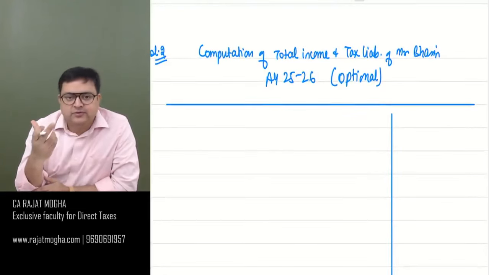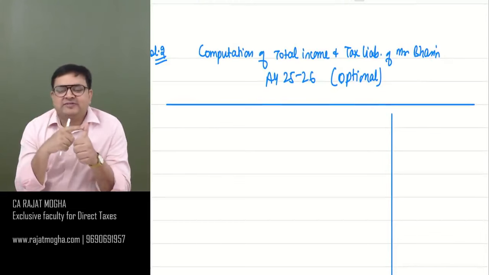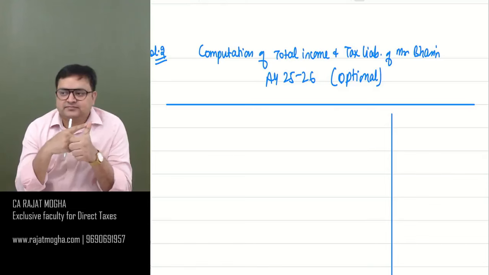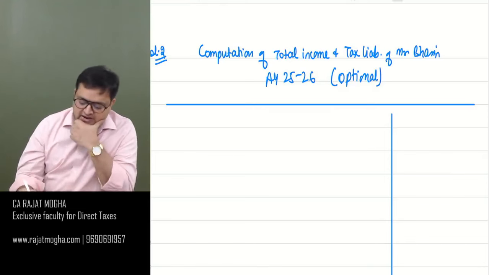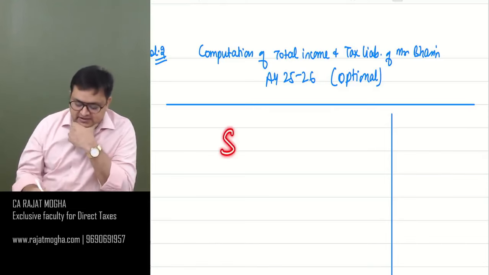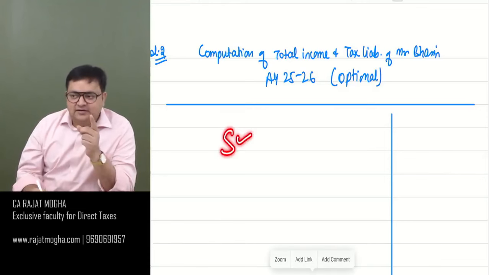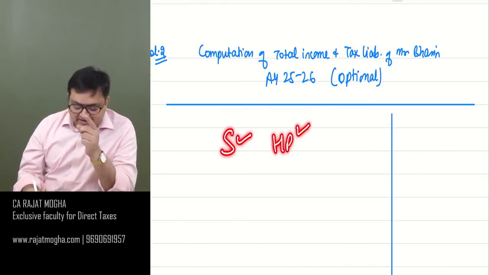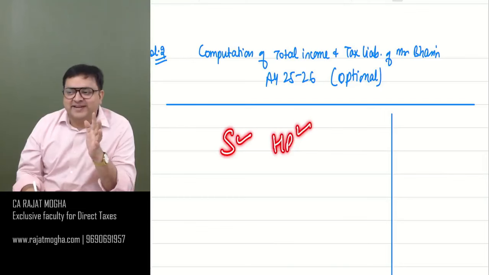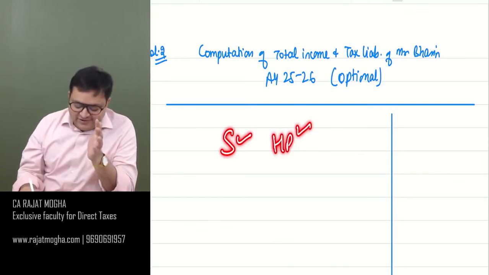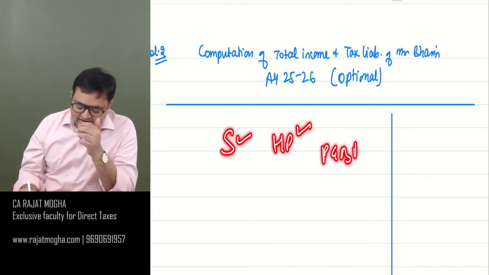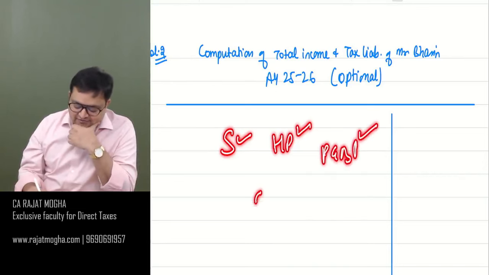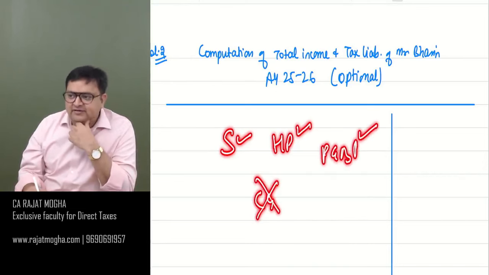Okay, now 5 heads elimination. Do we have salary income? Yes, because of clubbing. Do we have house property income? Yes, confusing house property, yes, we have. Do we have PGBP? Yes, we have. Do we have capital gain? I don't find capital gain anywhere. Capital gain was not there.